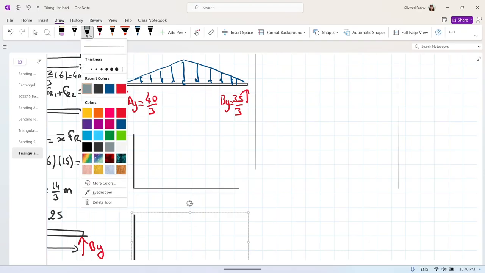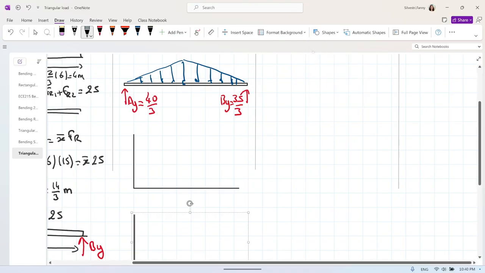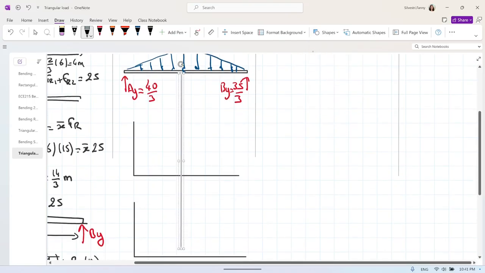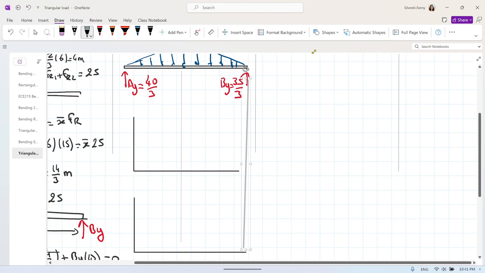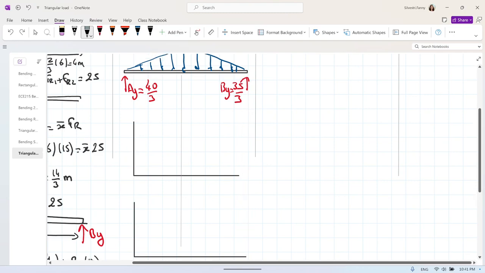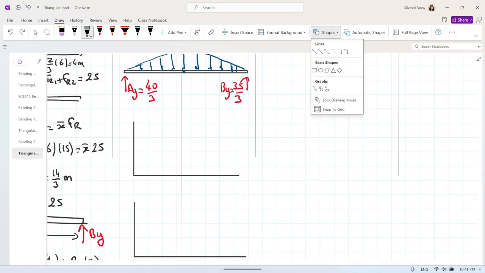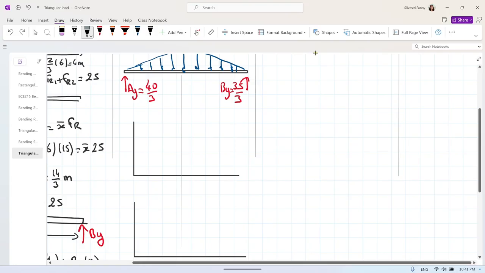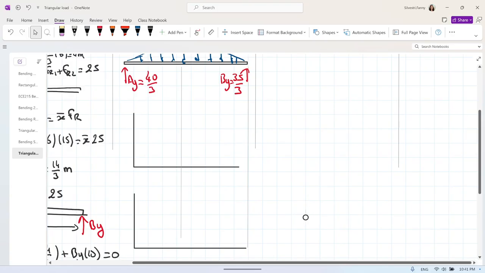Maybe I can do it in very light. I think that will be great to see. Up this line at 4 meters and this line at 10 meters. Let me try to do it straight from there to there.